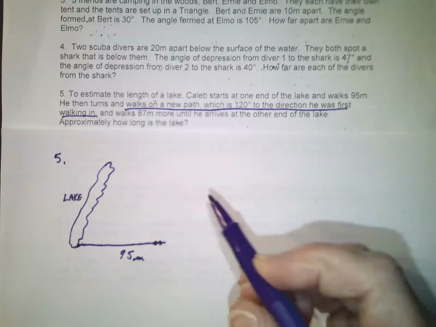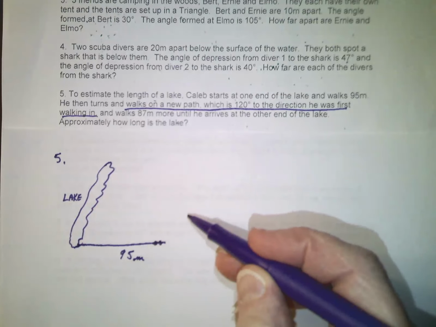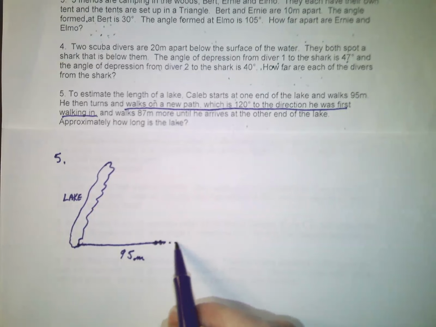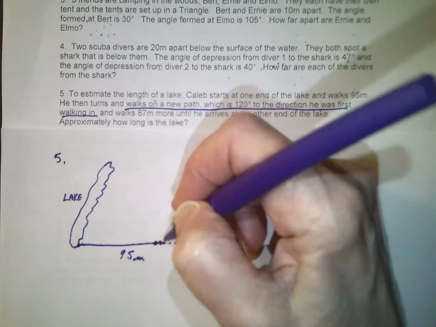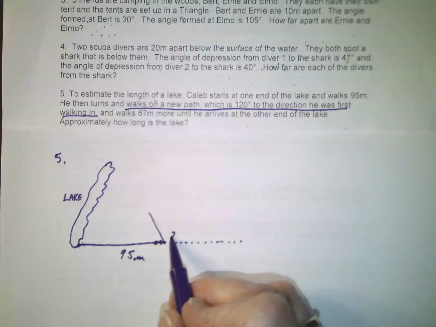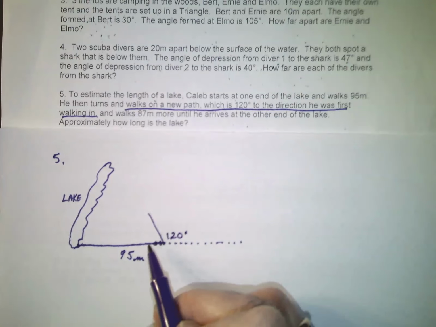Okay, now that doesn't mean he made a 120-degree turn to get to the other end of the lake. It says if we consider the direction he was walking in, he made a 120-degree turn from that direction. Not that he made a turn 120 degrees.